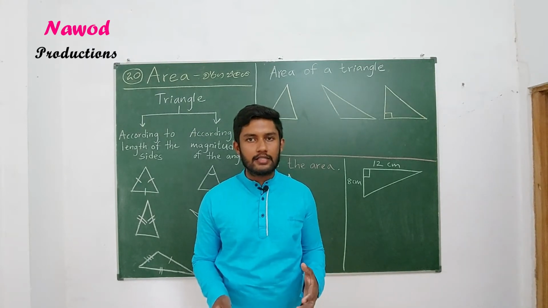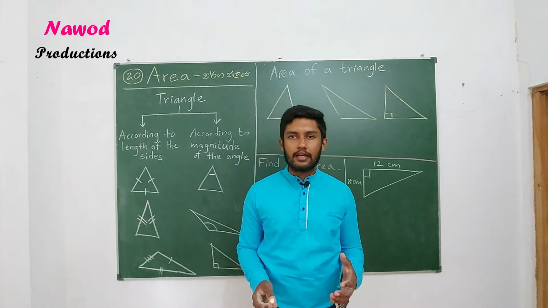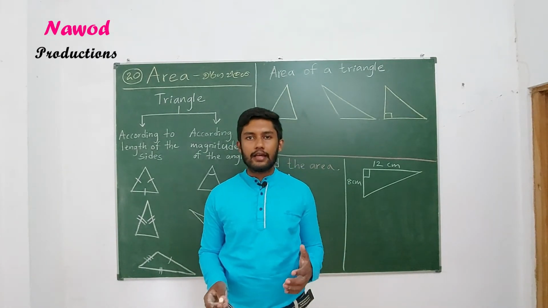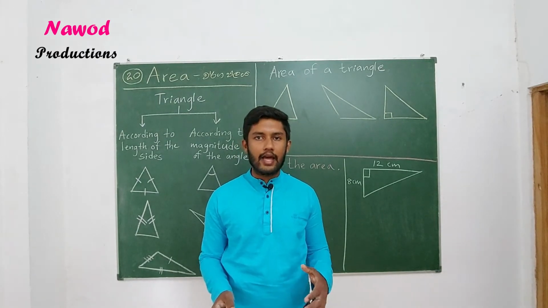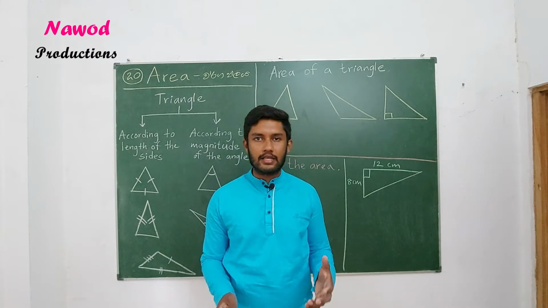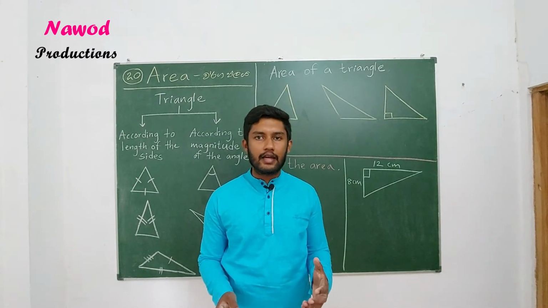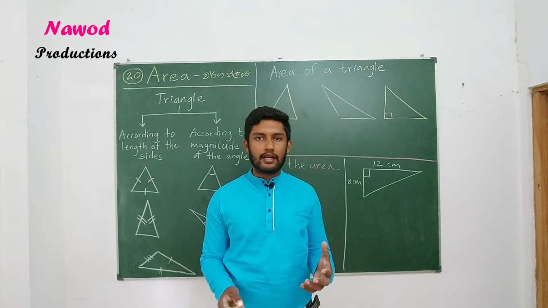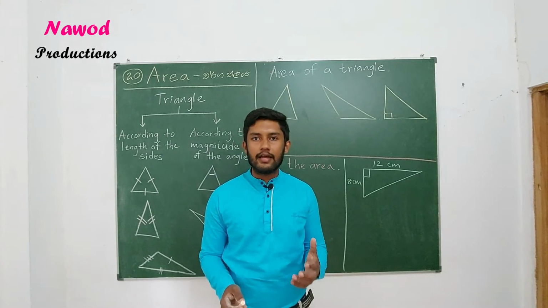By joining three straight lines, we can form a triangle. A triangle has three angles and three sides. A triangle is a polygon, right? Can you remember the Polygon Song? In the Polygon Song, the first polygon is the triangle.